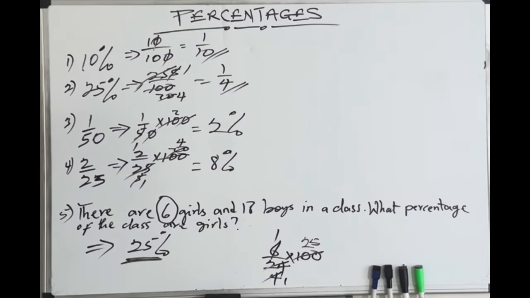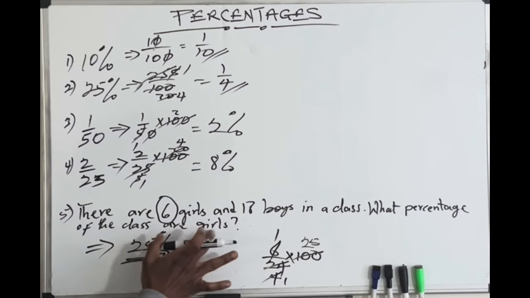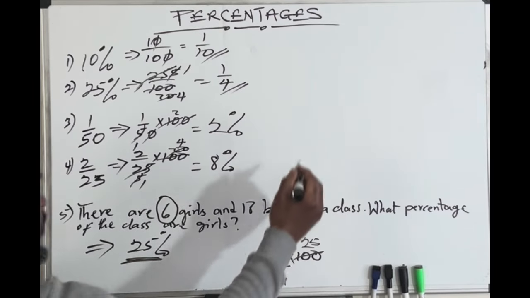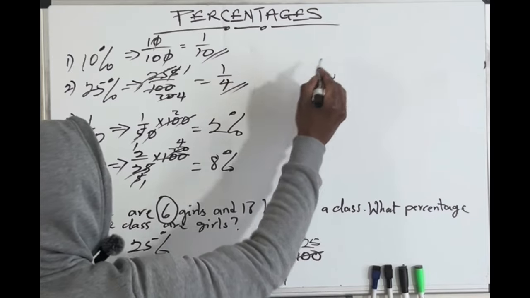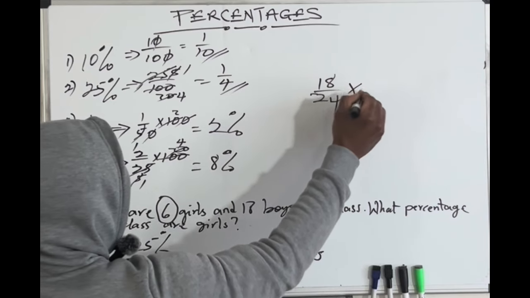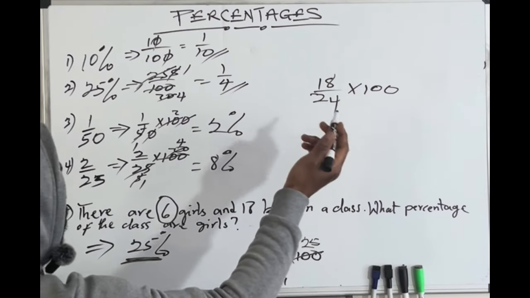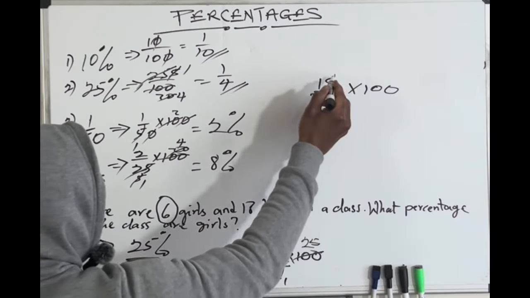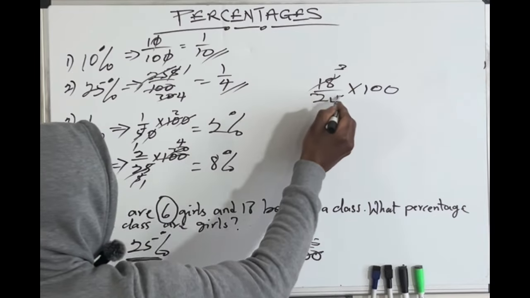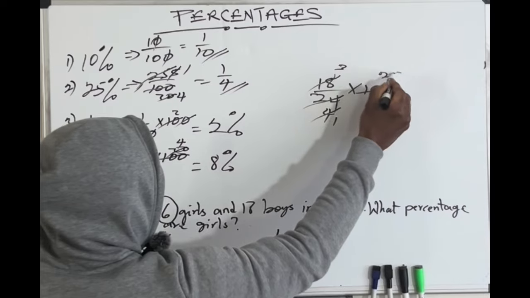What percentage of the class are girls? 25% are girls. If the question had asked what percentage of the class are boys, we would have used 18 over 24 times 100, and then do the same cancellation. So 6 goes here, 3 goes here, 4 goes here, 1 goes here, 25.